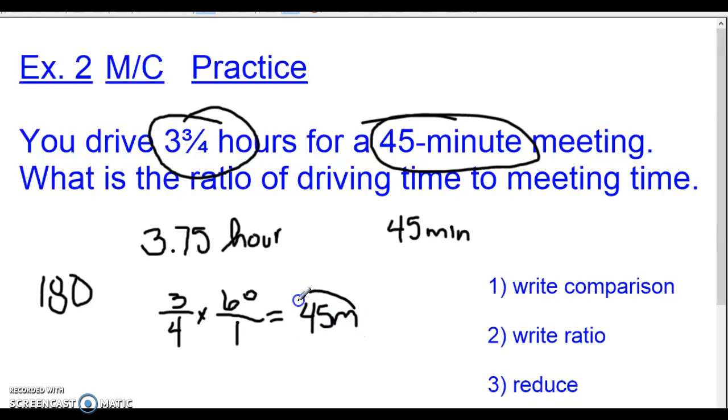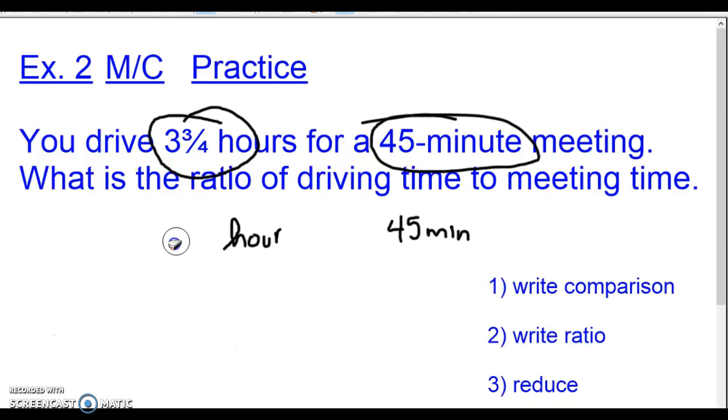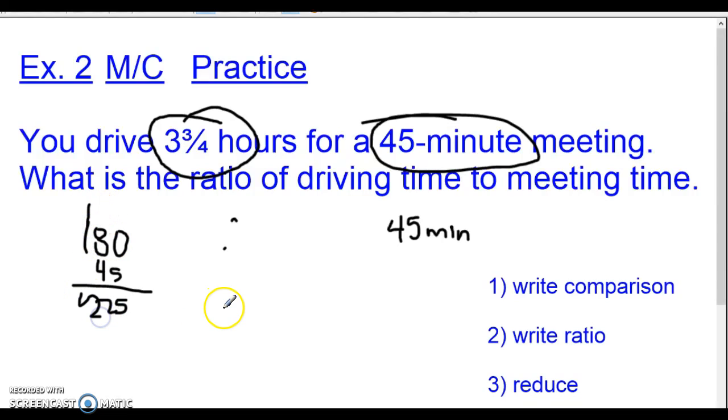So now I have 45 minutes and 180 minutes, and I need to add them together. I'm going to erase some of my work right here. So I'm going to add 180 plus 45, and that will give me a total of 225.